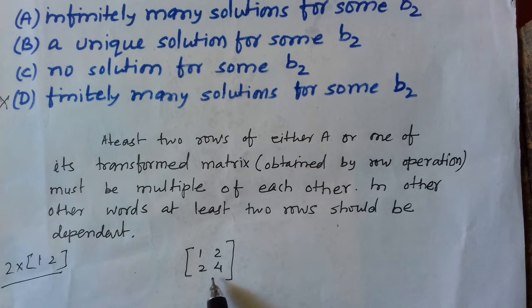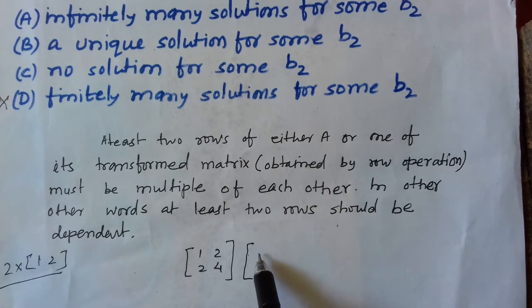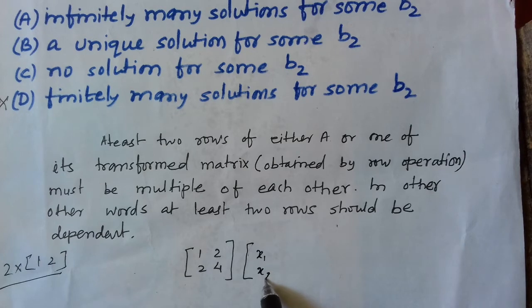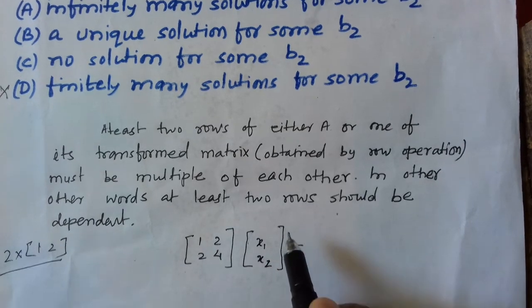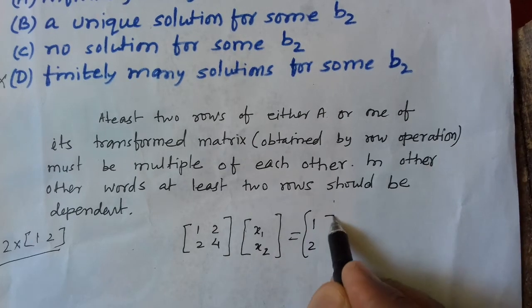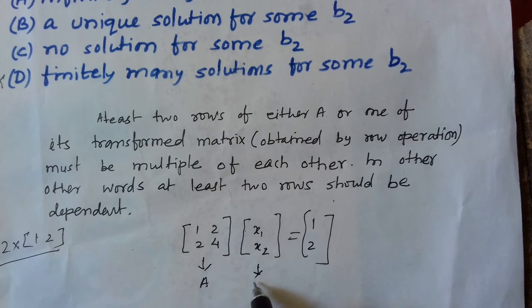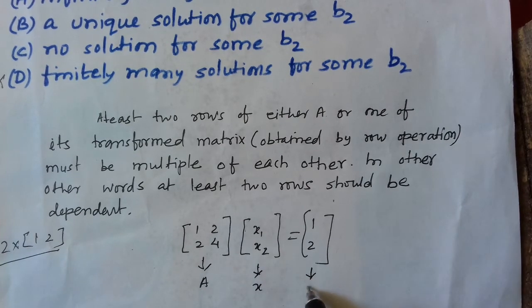So this matrix is according to our statement. And if you put the symbols x1, x2, and here you put 1, 2, then obviously this is our matrix A according to our question, and this is X and this is B1.